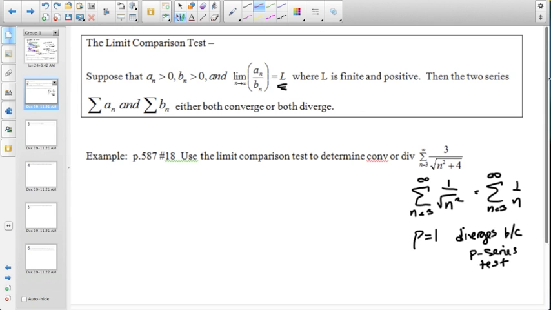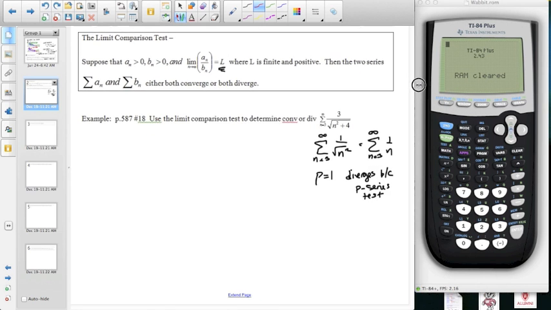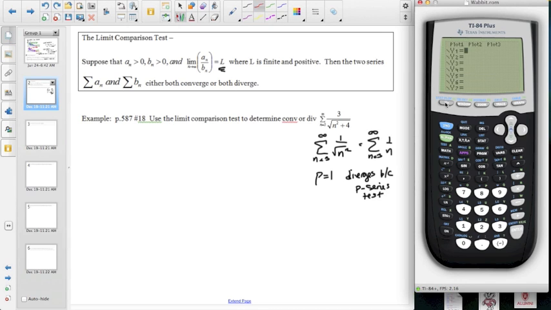And I'm going to graph the sequence, because I just want to look at term by term what's happening. So here is 3 divided by the quantity, the square root of n squared plus 4.